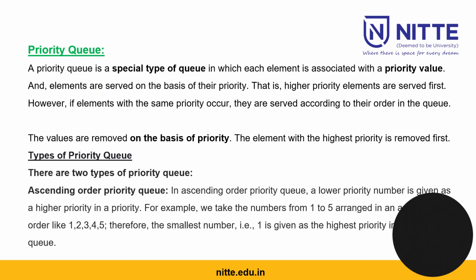So the values are removed on the basis of priority. The value with the highest priority will be removed first. And again in this priority queue there are types. The first one is ascending order priority queue and another one is descending order priority queue. And what is ascending order priority queue? Here a lower priority number will be given the highest priority.